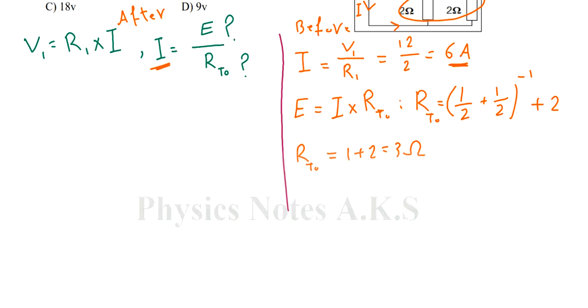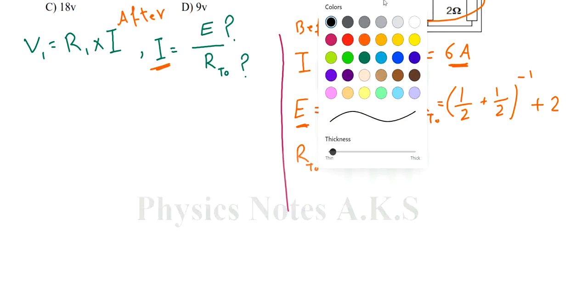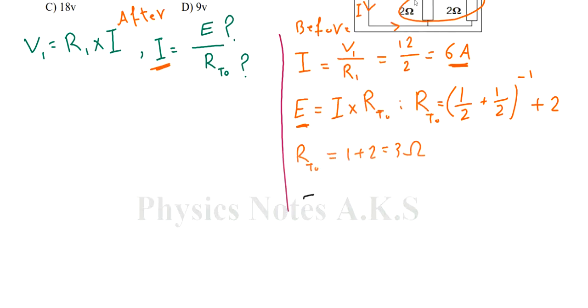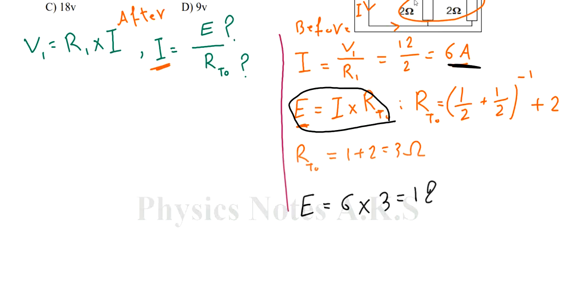Now I can find the electromotive force. Let me change the color. The electromotive force: the I we found is 6, so 6 multiplied by the R total, which is 3, equals 18 volt. You may ask me, why are you doing all this?